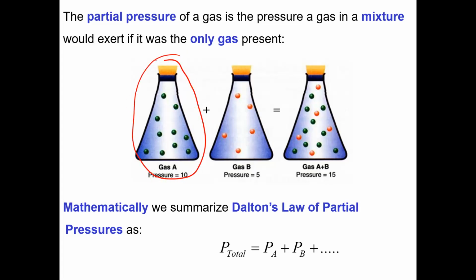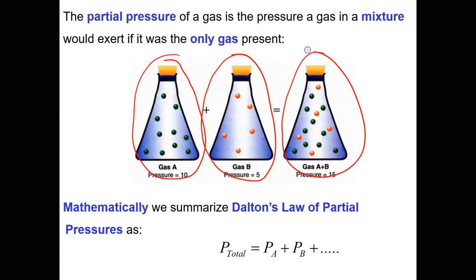One of them has 10 particles of gas A in it. One of them has 5 particles of gas B in it. And the third one has 5 particles of B and 10 particles of A.